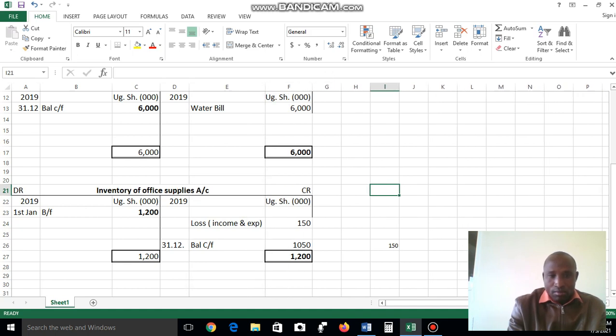This one we must recognize. So the value of inventory fell from 1.2 million to 1,050,000, realizing a loss of 150,000. This one is a loss, and therefore it will amount to an expense.